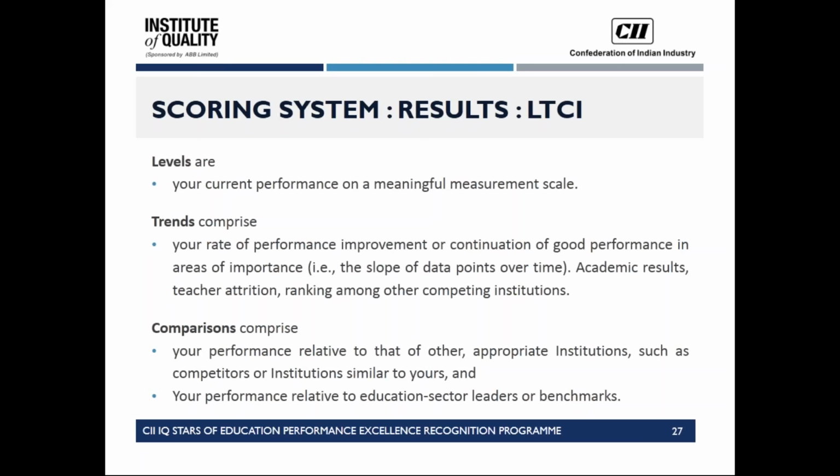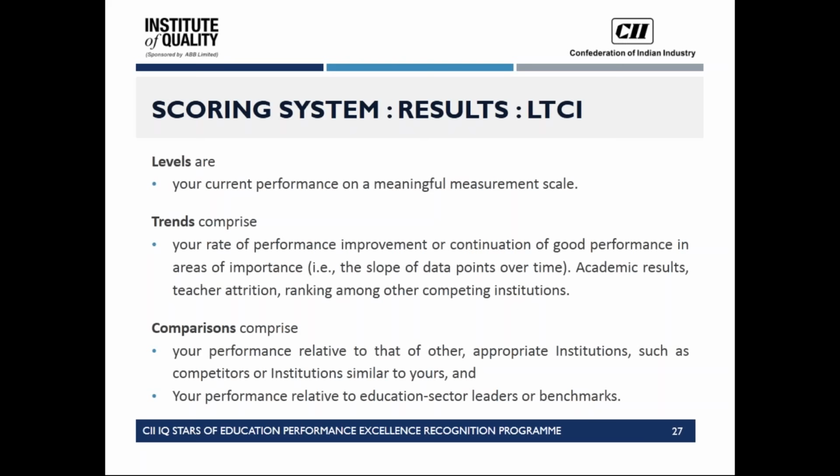A score for a result subcategory again is based on a holistic assessment of the overall performance, taking into account the 4 results factors, that is the LTCI. Now let us just look at that in brief.